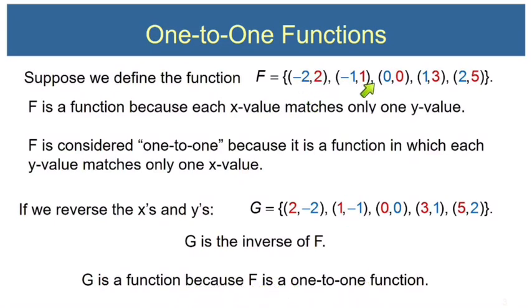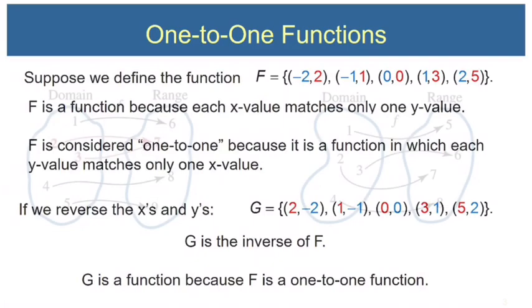Imagine if we had a function here where the y values got reused, then when you switch the x's and y's, the new relation would not be a function. So that's the importance of one-to-one. A function can only have an inverse function if it is a one-to-one function.